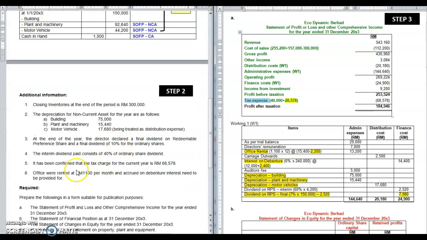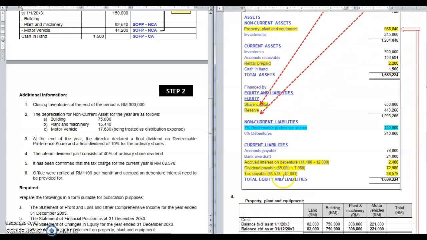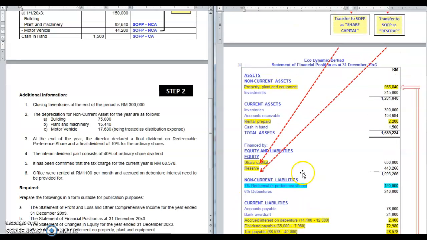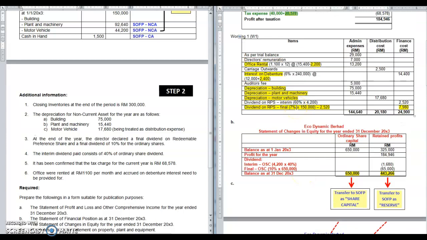But from the additional information, the tax charge should be 68,578. So on an accrual basis, we shall take this amount. Since we have underpaid it, the difference will be treated as tax payable under current liability. Okay, class, so that's all for the preparation of SOPL.